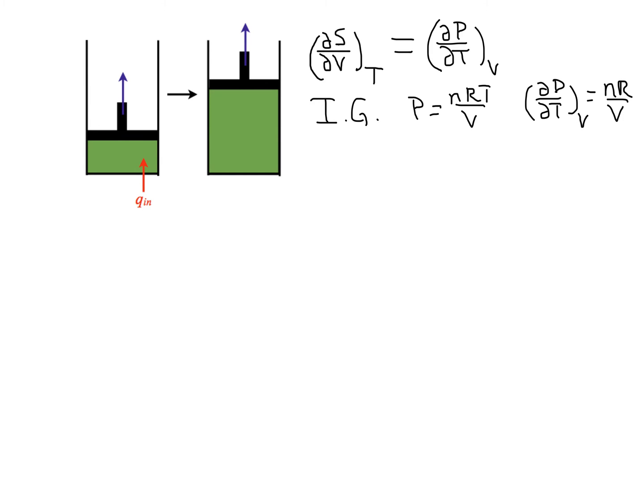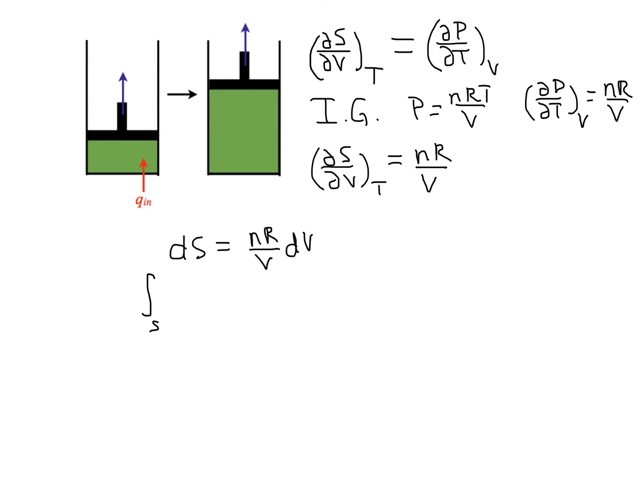Making that substitution, we can write that the derivative of the entropy with respect to volume at constant temperature, which is what we're after, is equal to nR over V. From here, the next step is to separate variables and integrate. So dS is equal to nR over V dV. And now I'm going to integrate from my initial state to my final state.